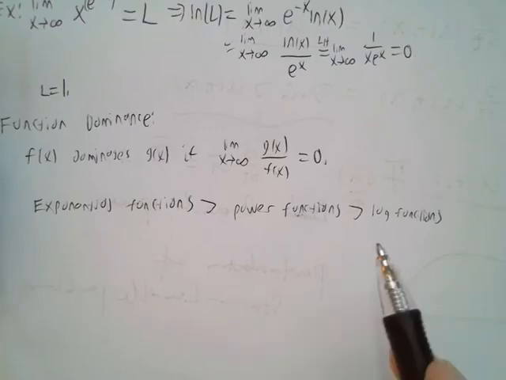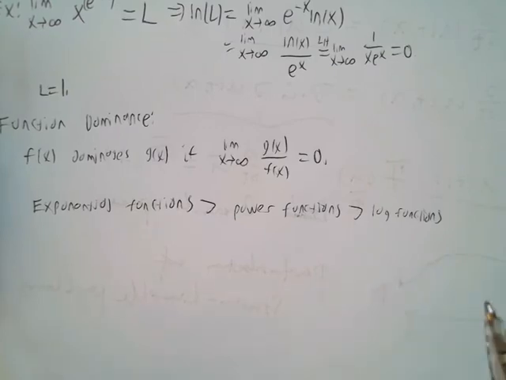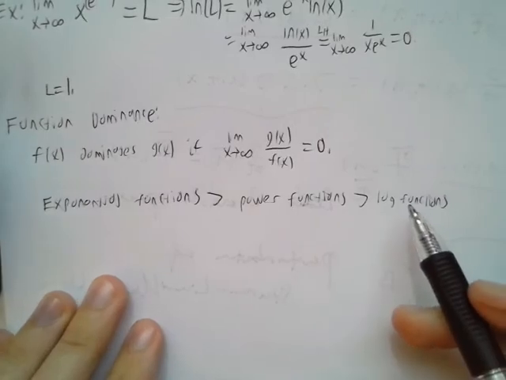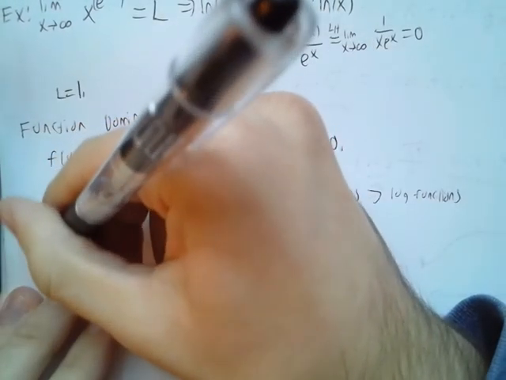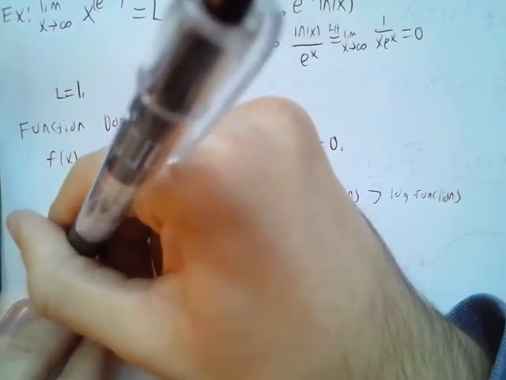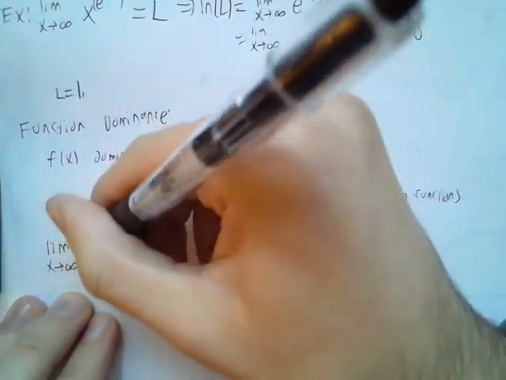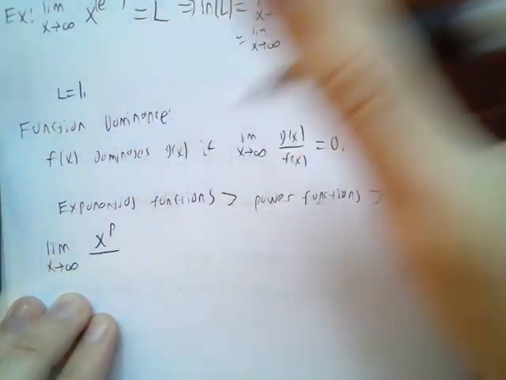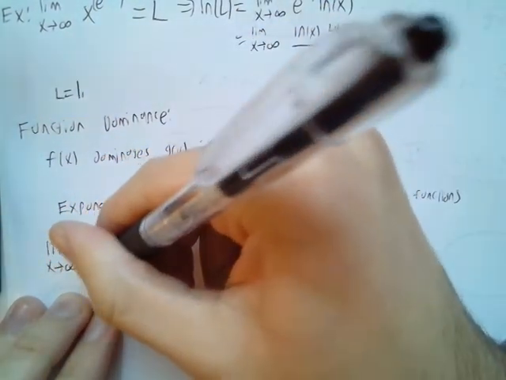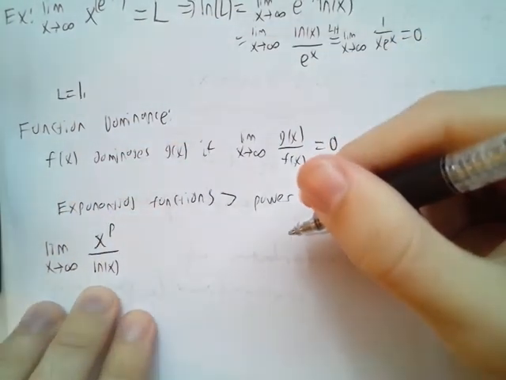So for example, let's suppose I want to compare a log function to a power function. I'd want to look at limit as x goes to infinity of x to some power over log of x. So this looks like infinity over infinity.